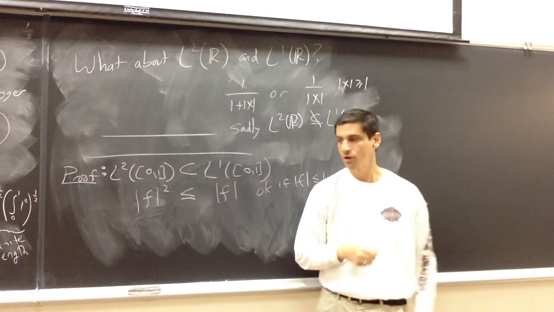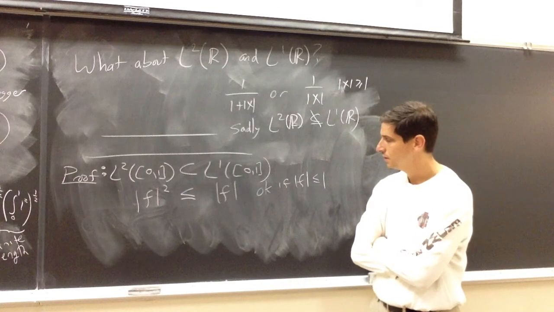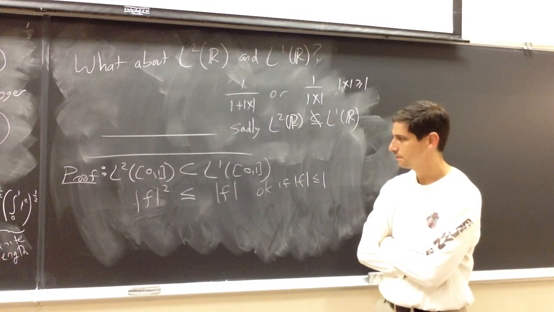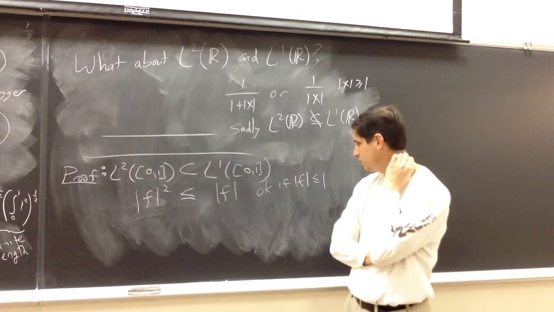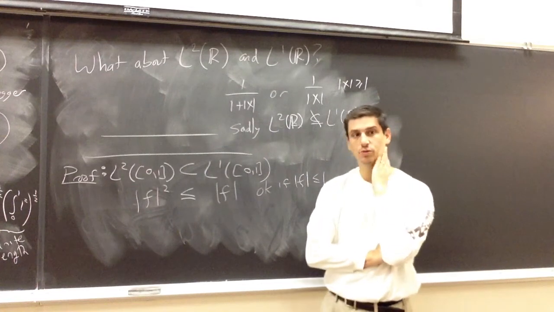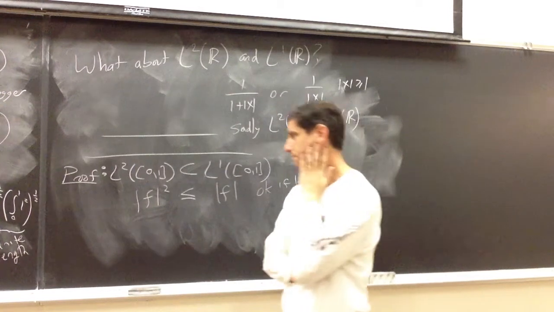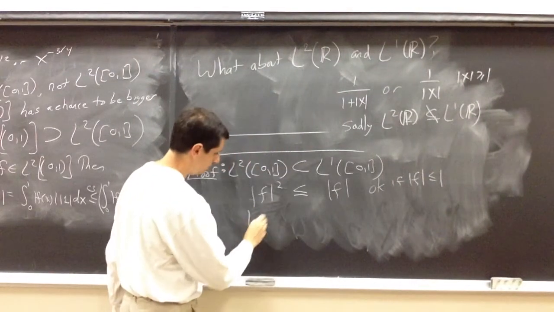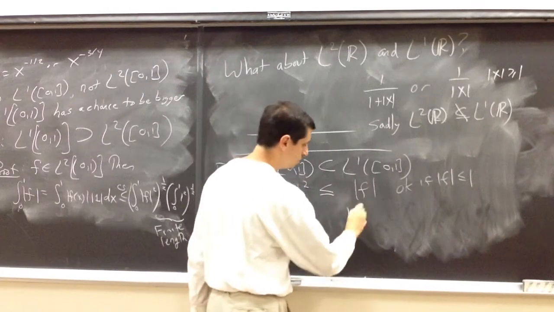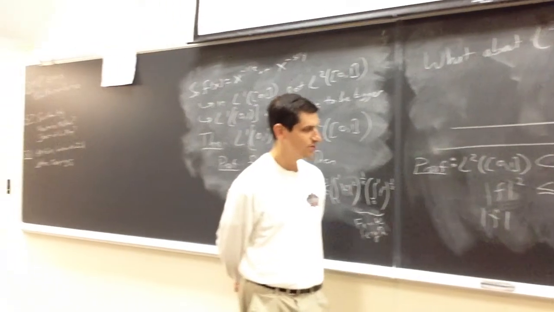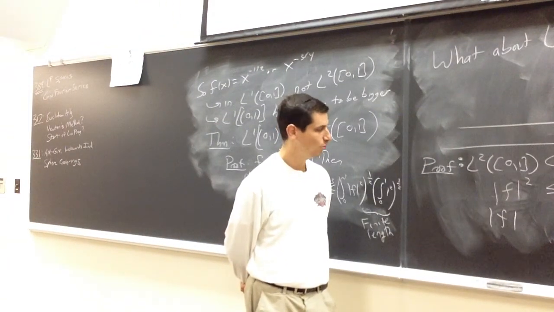So the question is, how can we compare things? If the absolute value of f is less than 1, if we square it, we make it much smaller. Maybe we want to compare it this way. What can we say here?